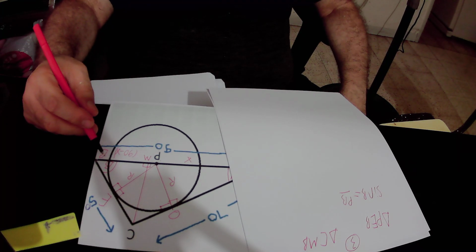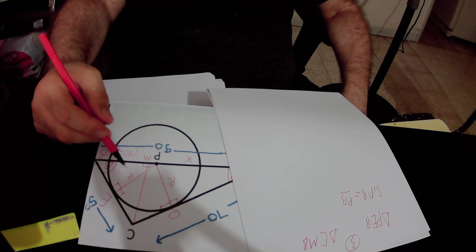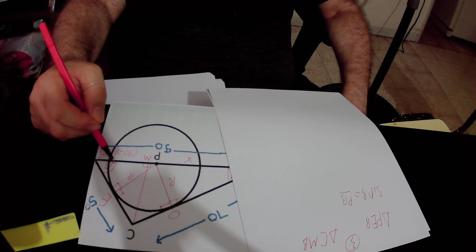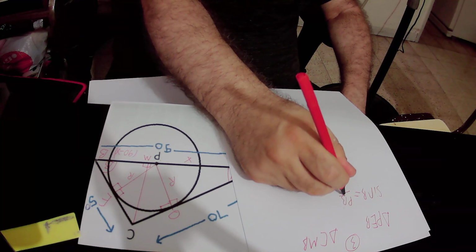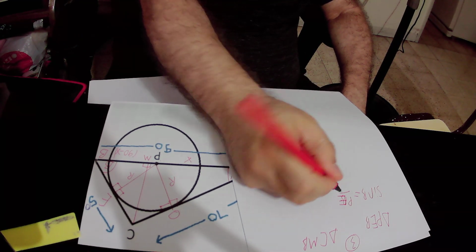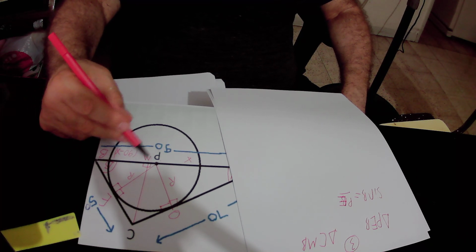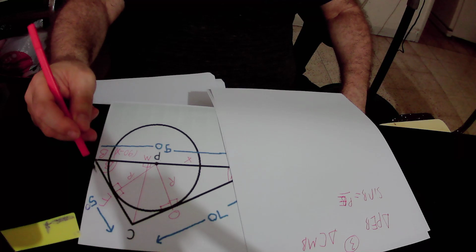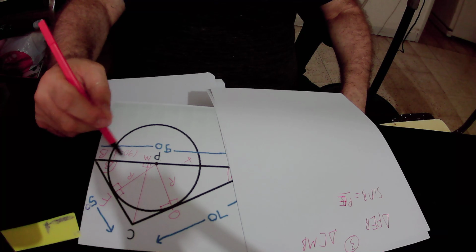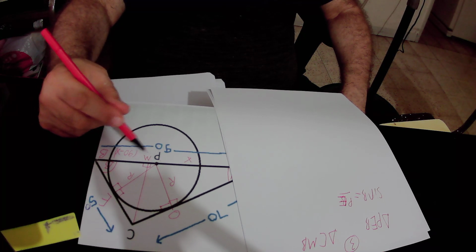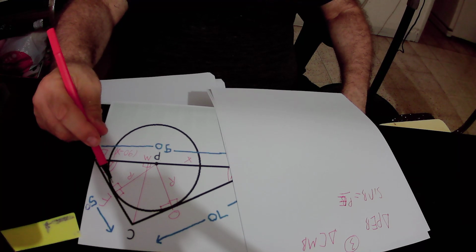So I made a mistake here. Sine beta equals the side that is in front of angle beta, that is to say PE. In triangle PEB, the side that is in front of angle beta is side PE.